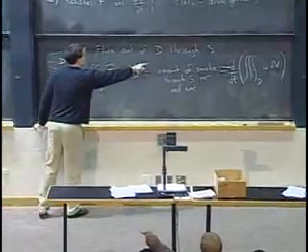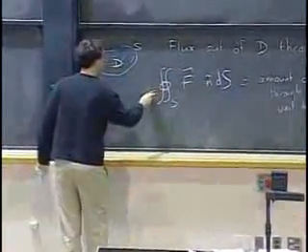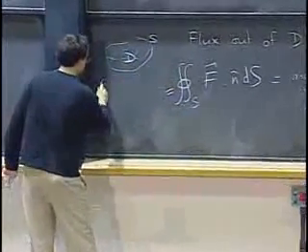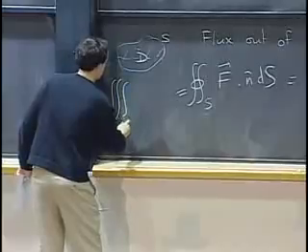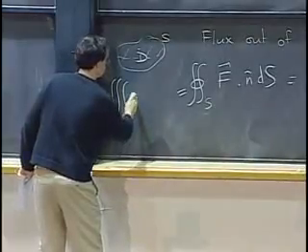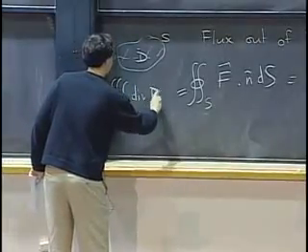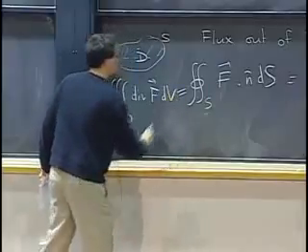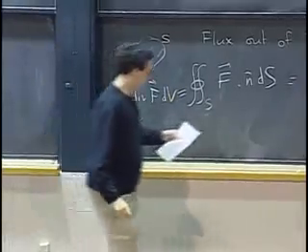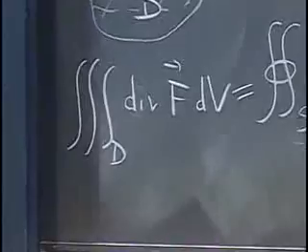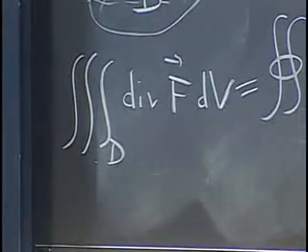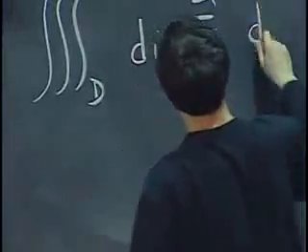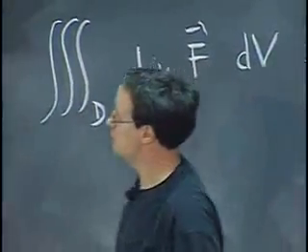So this part here is just common sense and thinking about what it means. The divergence theorem tells me this is also equal to the triple integral in D of div f dV. So what I got is that the triple integral over D of div f dV equals this derivative.